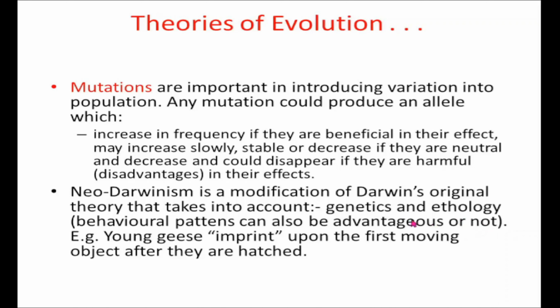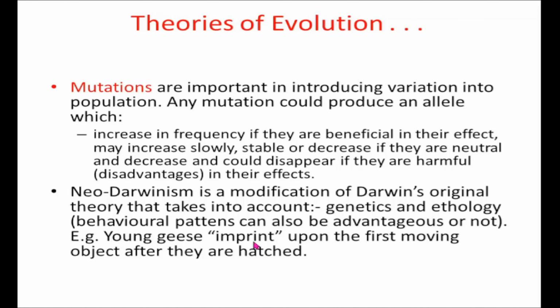For example, to see how ethology or behavior matters, young birds imprint upon the first moving object after they hatch. Imprint means they follow it as their mother. They don't know; the chicken following its mother is the behavior.